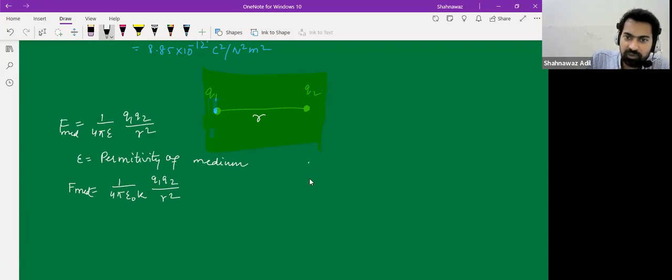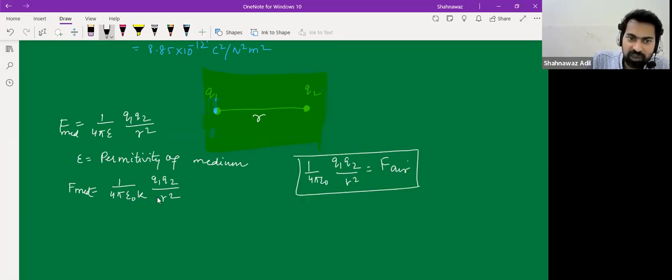This is F medium. And we already know 1 by 4 pi epsilon naught, Q1 Q2 by R square was F in air. So we can put this value in here. So F medium is F air by K, and this K is called the dielectric constant.